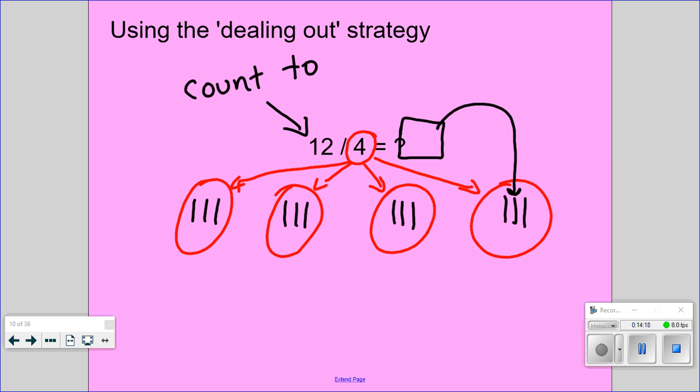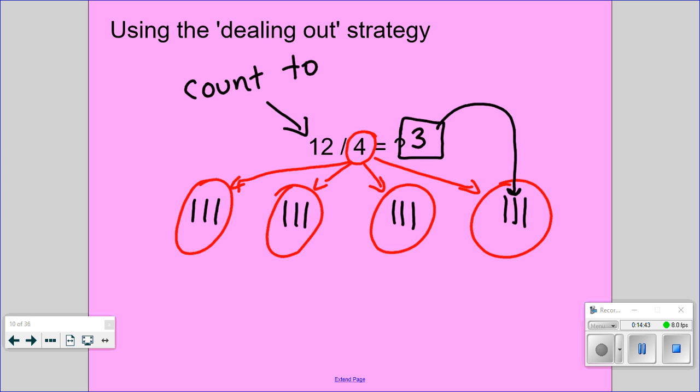So what is inside one group? Autumn? 3. 12 divided by 4 is 3. I knew it. That is that dealing out strategy. Any questions about that so far?